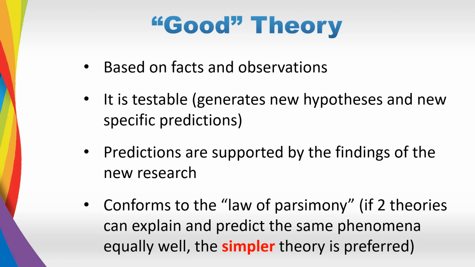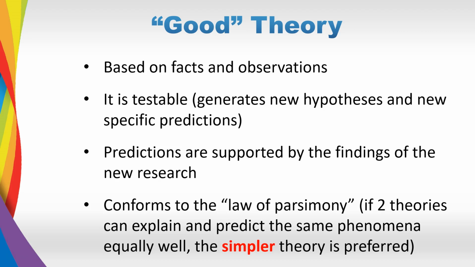It also should conform to the law of parsimony. Now the word parsimony means simple. And so if we have two different research studies and they both have the same theory, and one is this really complicated, detailed theory, and the other one is just a simple, or simpler, theory, but it explains that phenomenon just as well, we're going to go with that one.